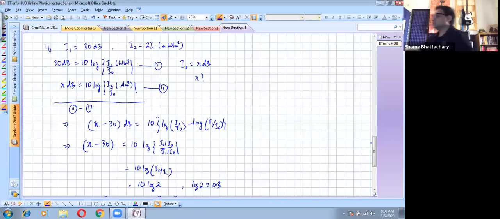All right, so this is self-explanatory, quite clear. That's how these things work. Okay, now let's move on to superposition of sound waves.